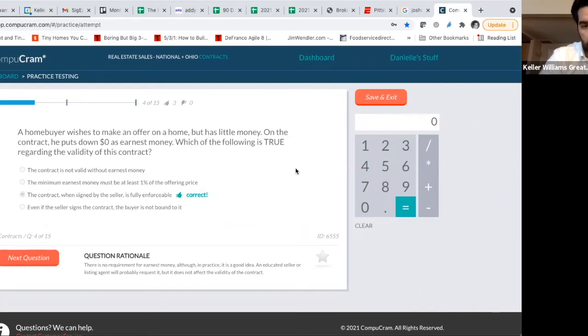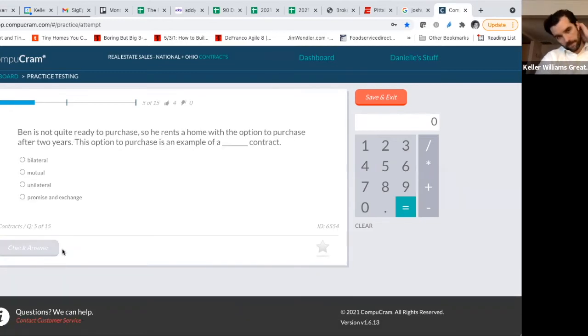It is a good faith deposit put forth by the buyer, and it's a great idea. It shows intent, it shows interest, but it does not impact the validity of the contract. So, really important to remember, earnest money is not required to form a contract. It's not required to form a contract.